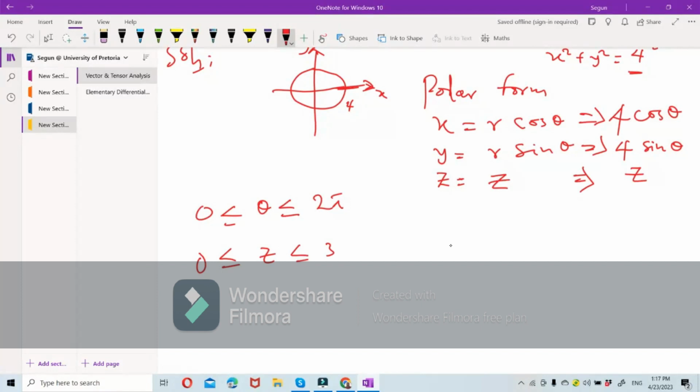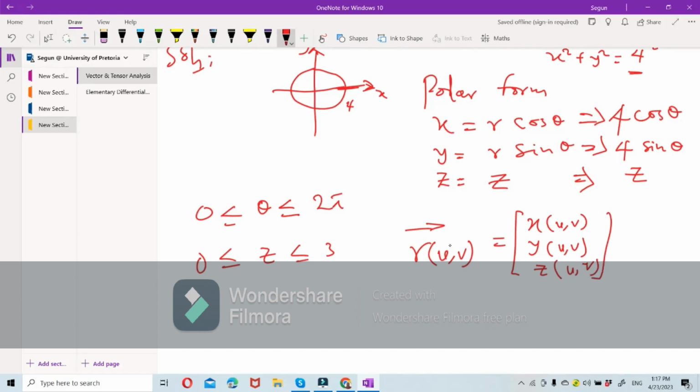Now, how do we work on this? Remember, you need vector R. Our R of u comma v is, in this case, x of u comma v, y of u comma v, and z of u comma v.